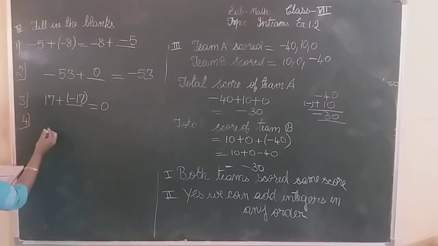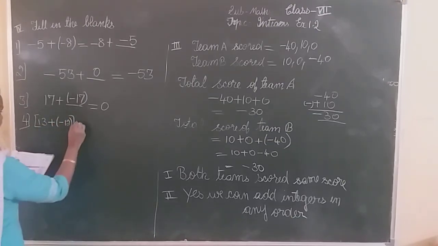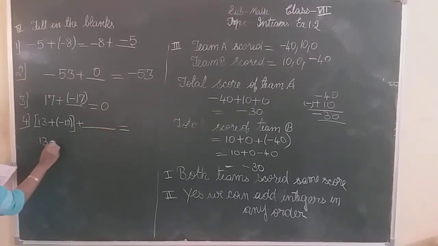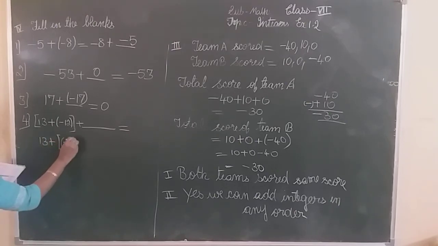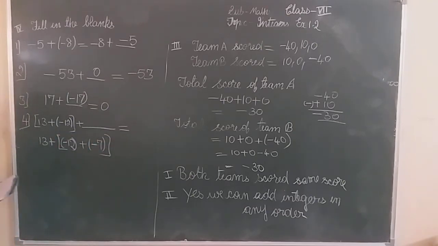Fourth one, 13 plus minus 12 plus dash. The answer is 13 plus minus 12 plus of minus 7. Simple one, 13 you have, minus 12 you have. Here you have minus 7, you don't have minus 7, so the answer will be minus 7.